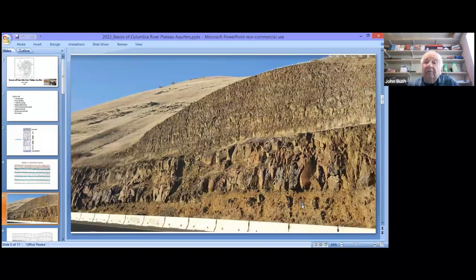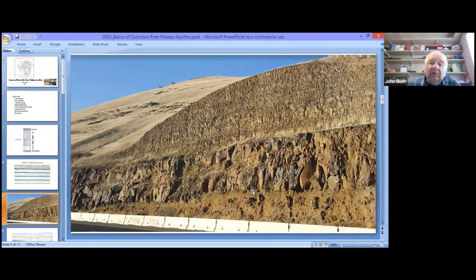These are Grand Ronde flows. And as you go upward, you get into the basal part of the overlying flow. This is the part which can contain water. The two zones together are referred to as an interflow zone.